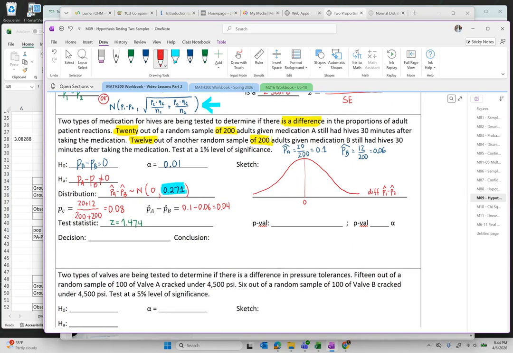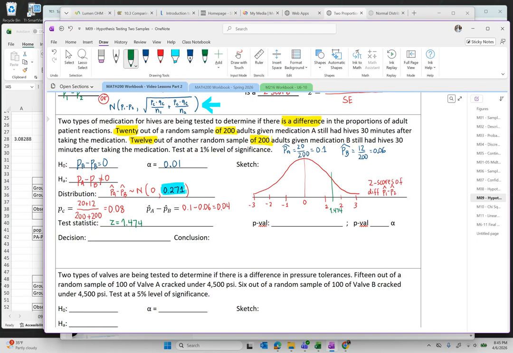We want to say that this is the z-scores of the difference of the two proportions, so that every one of the tick marks here will be a 1, and to the left also a 1, and what we will be placing on the axis is the test statistic z-score. And 1.474 is approximately 1.5.